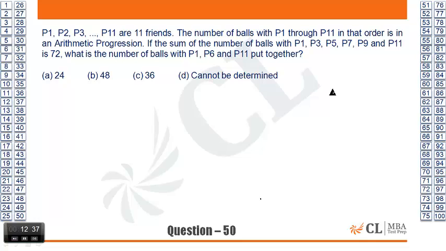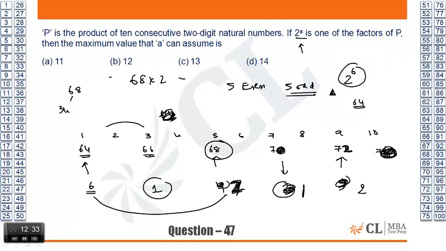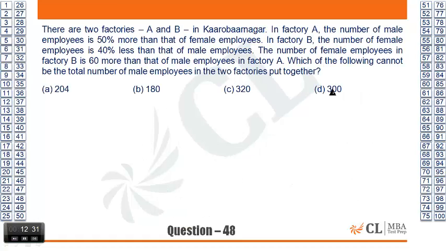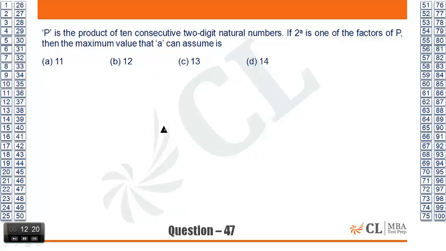So let me just go back and count. 12 minutes. I didn't do this. That's 2 factors A and B. Let's do this. I got 64, 65, 66, 67, 68, 69, 70, then 1, 2, 3, 4, 5, 6, 7, 8, 9 and 10.